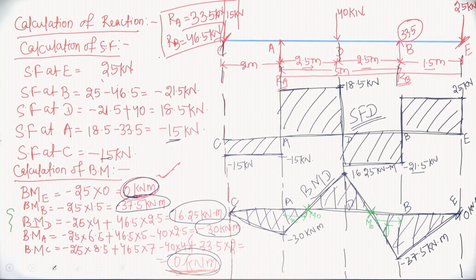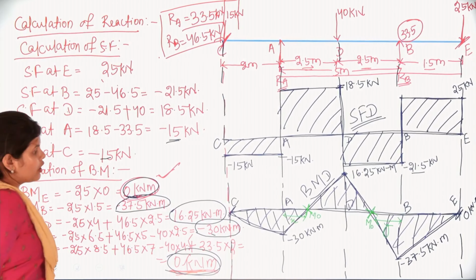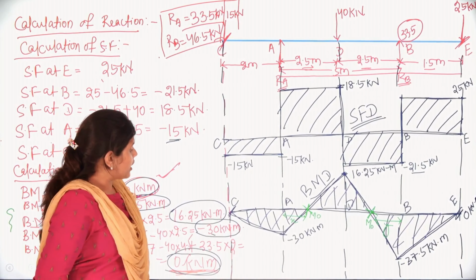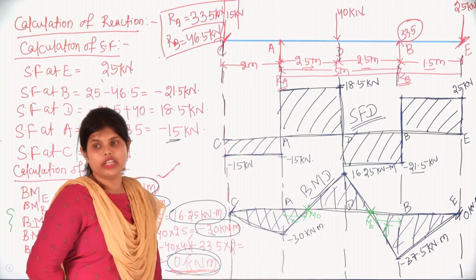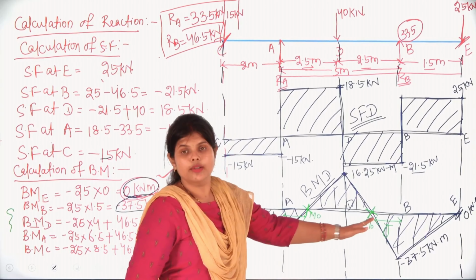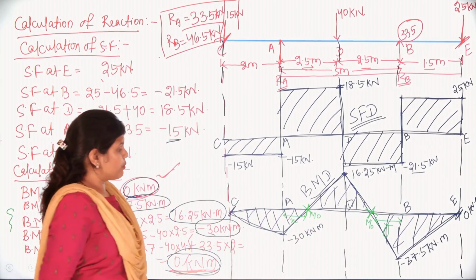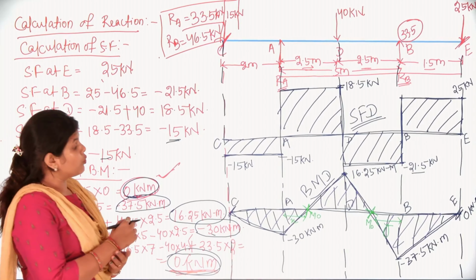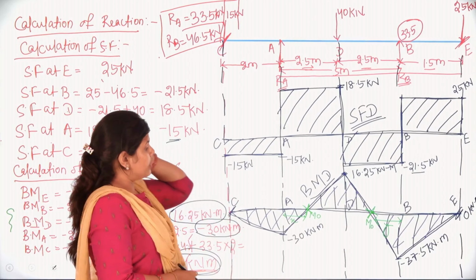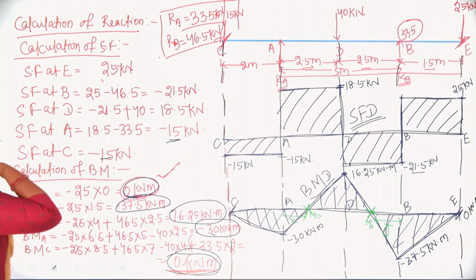So I can say at distance x from A to D we have 1 point of contraflexure, and from B to D at distance y we have 1 point of contraflexure. Now at what distance we have these, we will calculate. So let's calculate it.